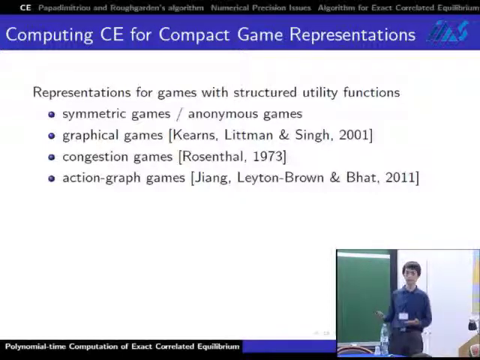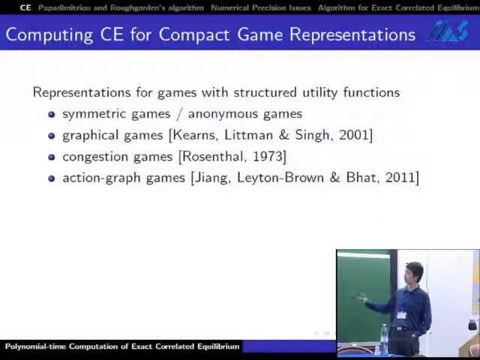For games with structured utility functions, we can often represent the game more compactly, meaning using fewer bits. And there have been several such compact representations proposed in the literature, including symmetric games, anonymous games, graphical games, congestion games, action graph games.